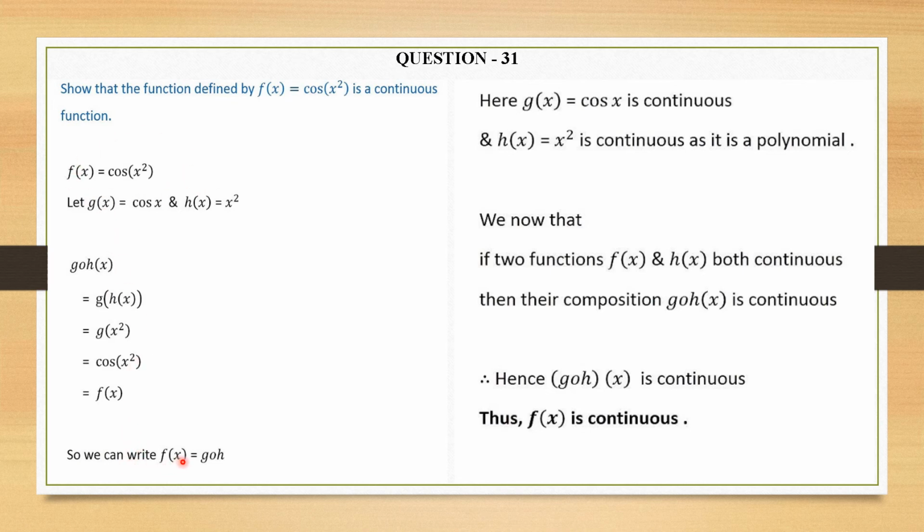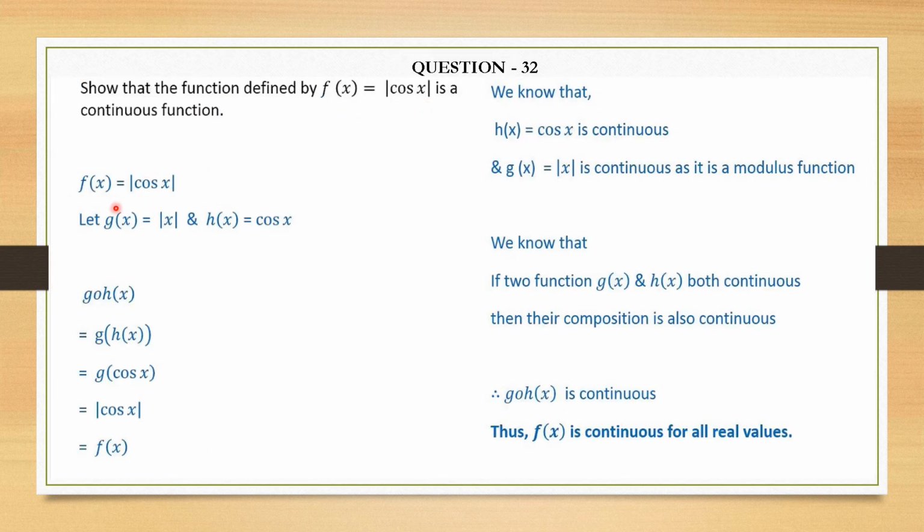So your f(x) is g(h(x)). Now g(x) is equal to cos x. You know cos x is everywhere continuous, and x square being a quadratic polynomial is always continuous, and the composition of two continuous functions is continuous, hence this function is also continuous.